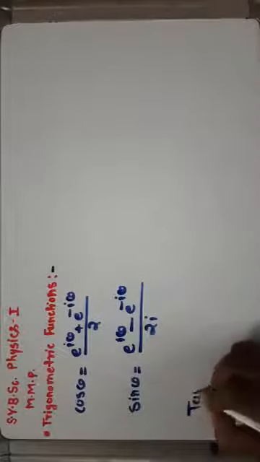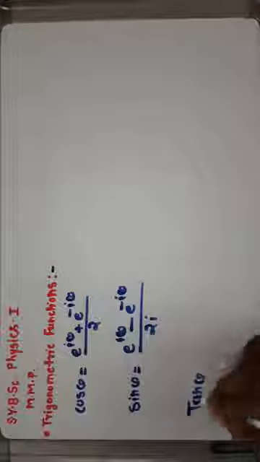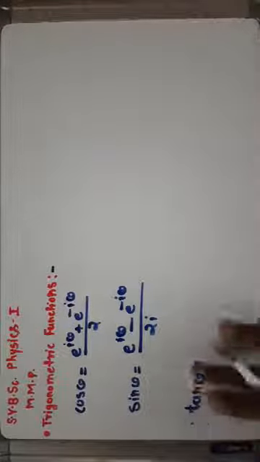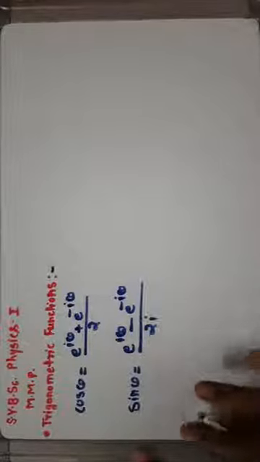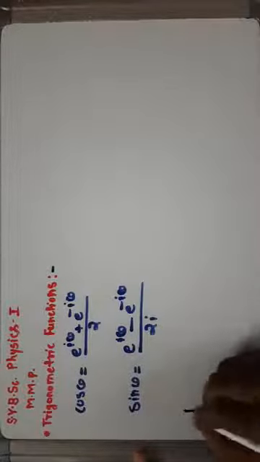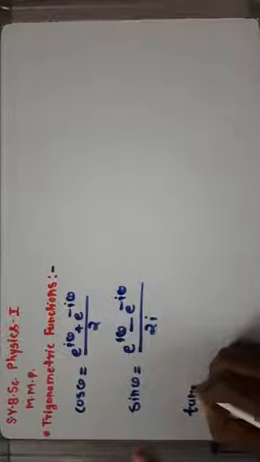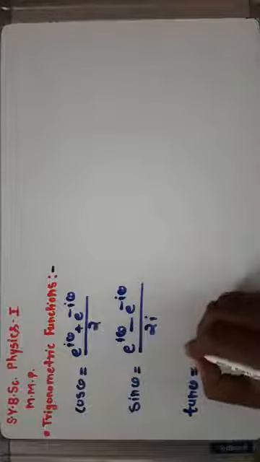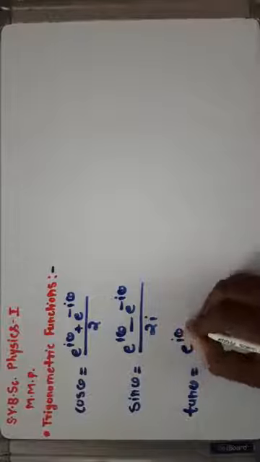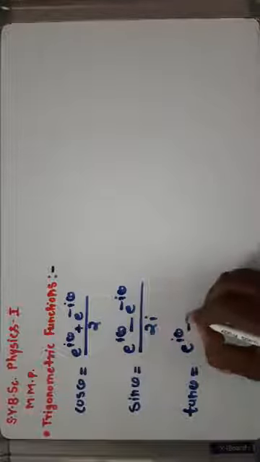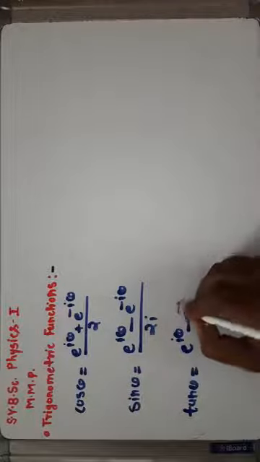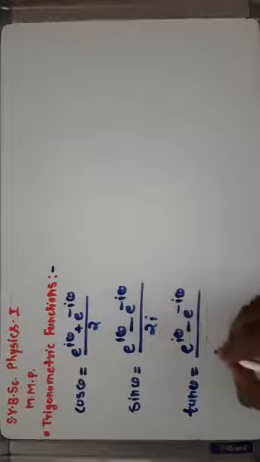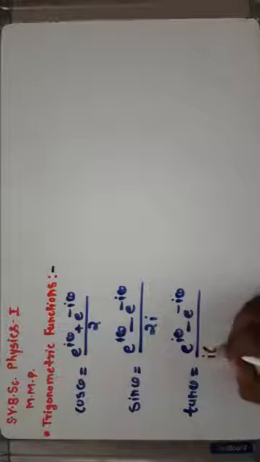Tan theta is equal to e raised to i theta minus e raised to minus i theta divided by i in bracket e raised to i theta plus e raised to minus i theta.